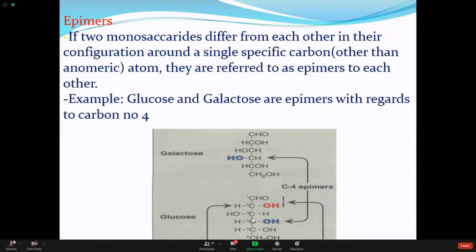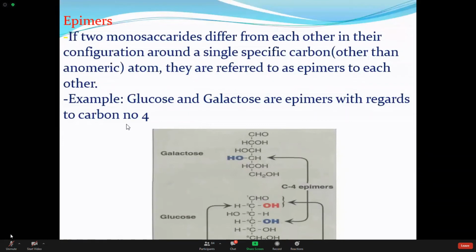Galactose and glucose are different in respect to carbon number 4. Yes or no? So that's why glucose and galactose are epimers with regard to carbon number 4.